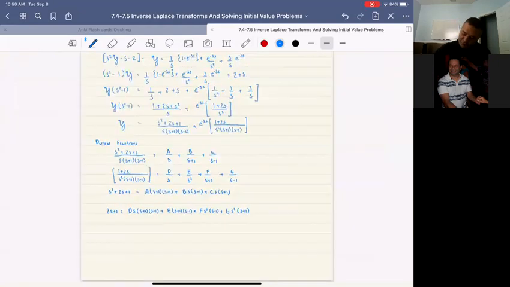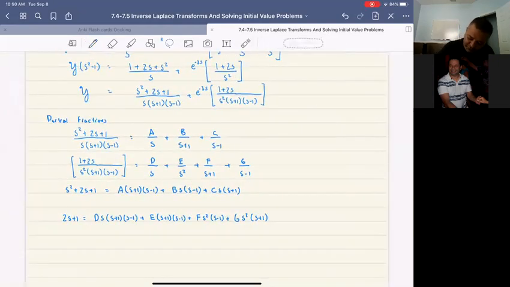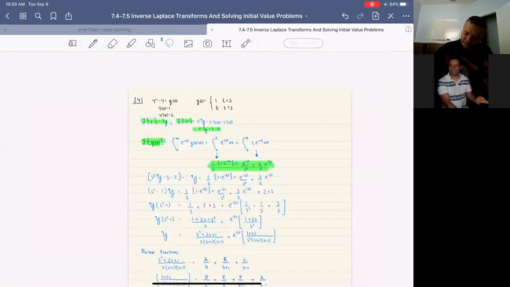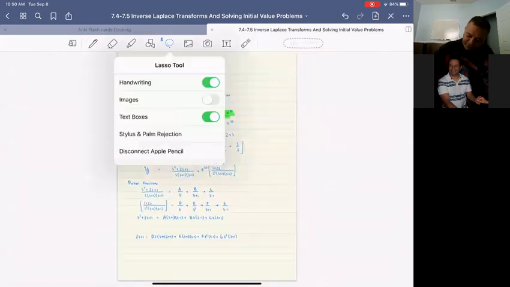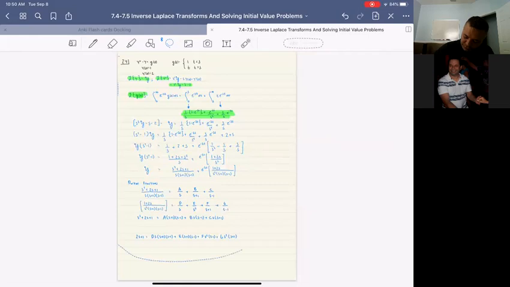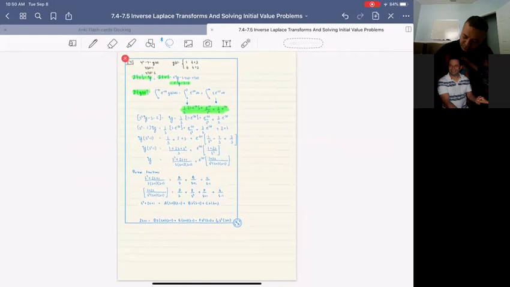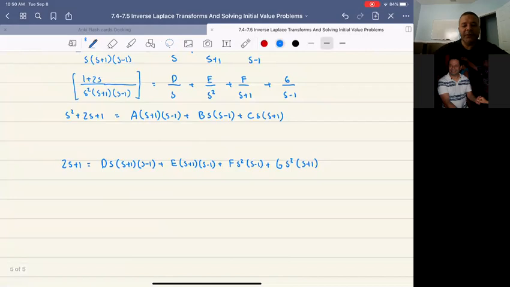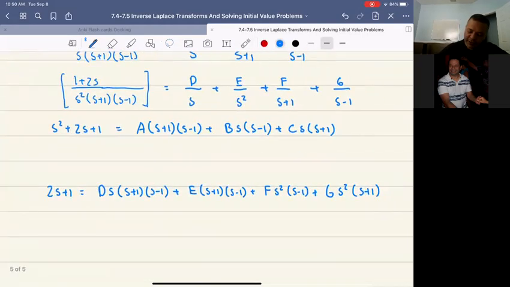Let's make a little bit of room here, a lot more room. Now let's look here. What happens when s equals 1? We can do both pieces at the same time.